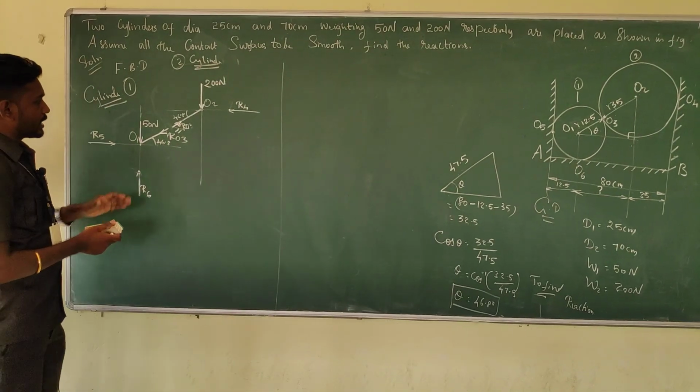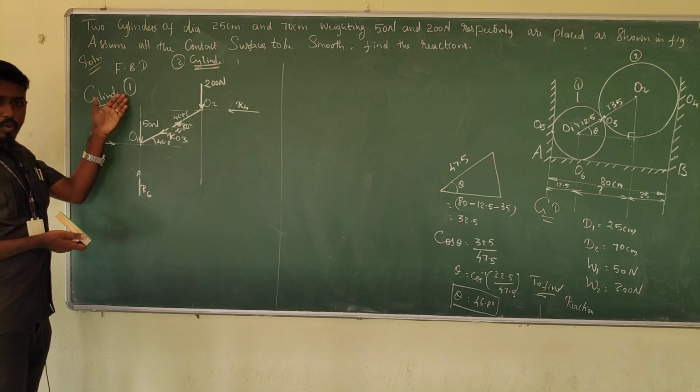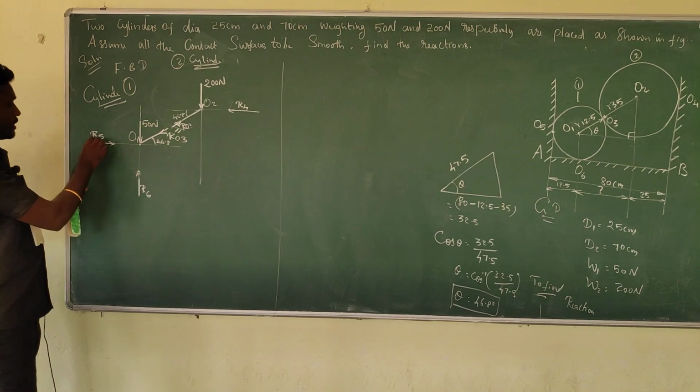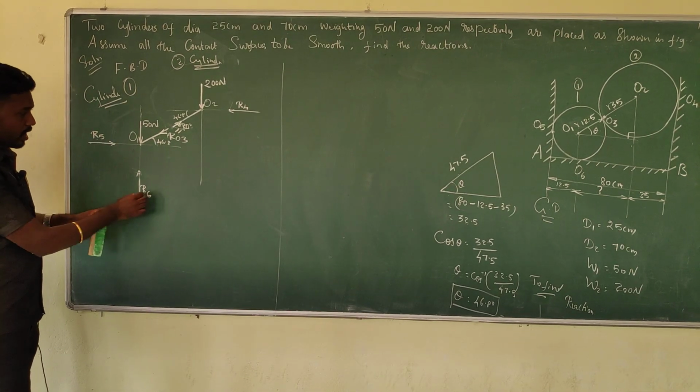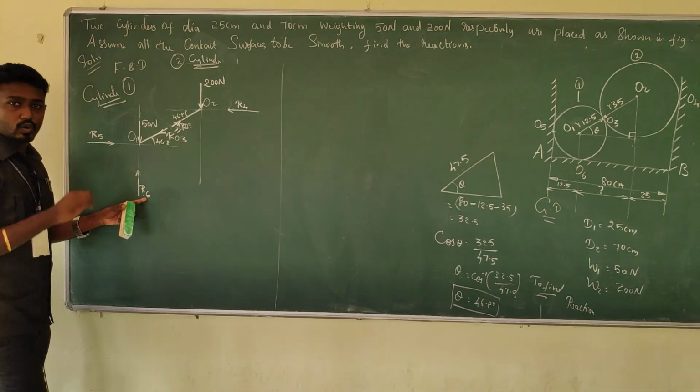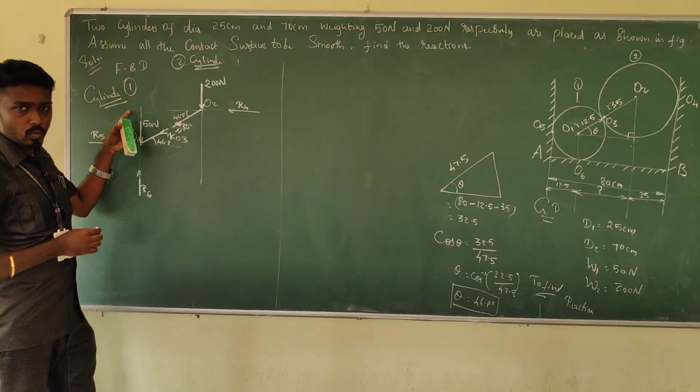When it comes to cylinder 1, how many unknown forces are there? R5 is an unknown force we need to find, R6 is an unknown force, and RO3 is unknown. 1, 2, 3. We have 3 unknown forces in cylinder 1.